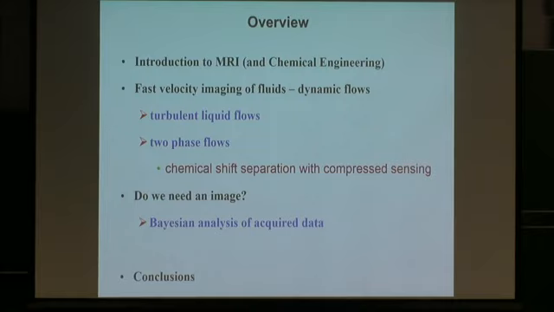And these may be systems in which we've just got the flow which is changing with time, or for example in turbulent flows for single phase liquid, or in cases where the geometry is changing as well with two-phase flows. And I'll touch on the ideas of undersampling, compressed sensing as well. And then finally just think about, are there other ways that we can get useful information if we think about acquiring fewer data points as we are with compressed sensing. Maybe we can go further and actually reduce data points needed even further.